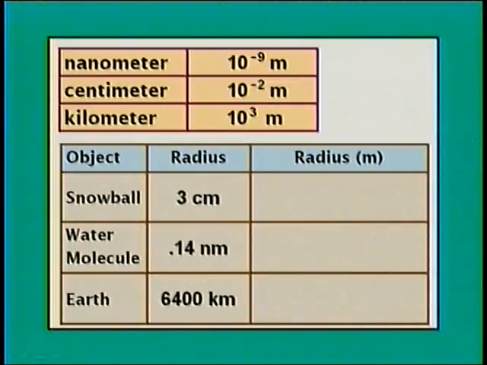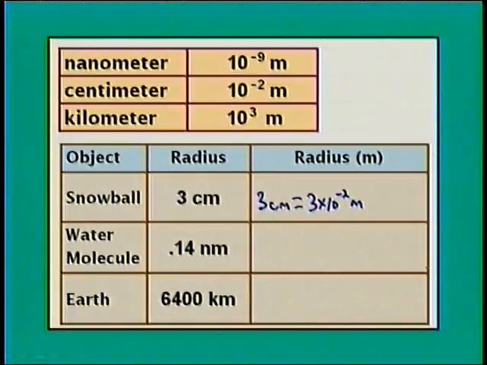Let's go ahead and find the meter equivalent of 3 centimeters. So let's start with our 3 centimeters. And looking at the table above, we see that 1 centimeter is the same as 10 to the negative 2 meters. So 3 centimeters is the same as 3 times 10 to the negative 2 meters.